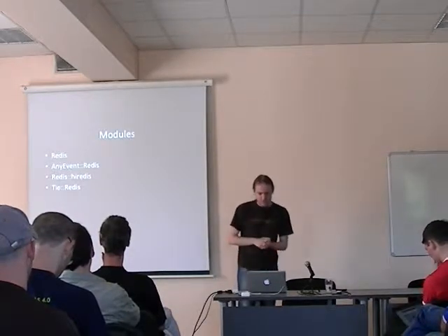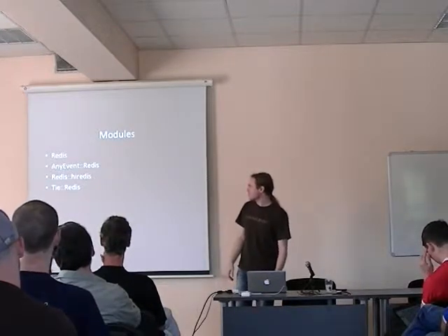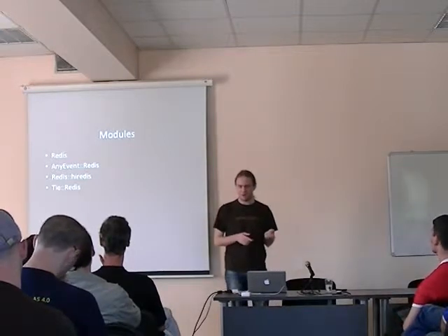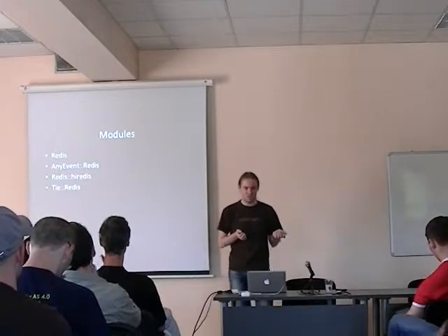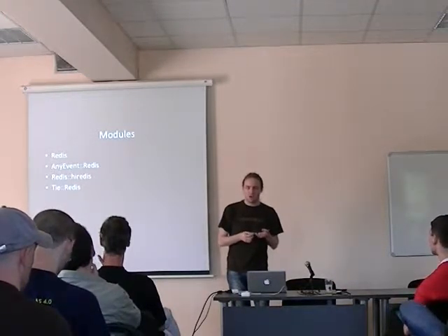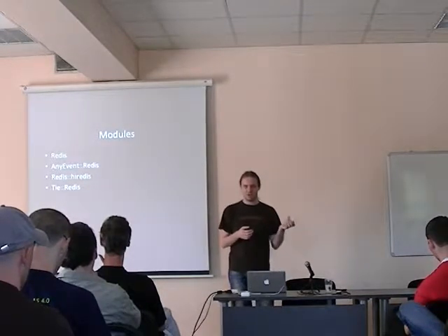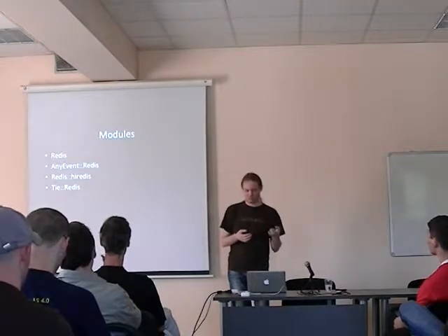There are quite a few Perl modules. These are ones I've come across. There are also a few others on CPAN. Redis on its own is the obvious module, obviously named. And almost all of these modules basically take the Redis commands and just map them straight into Perl. So using them is actually quite simple.